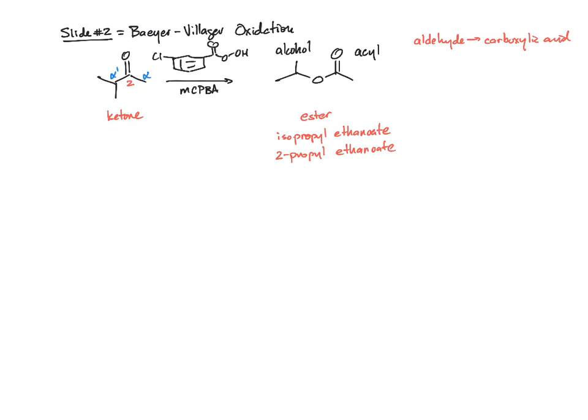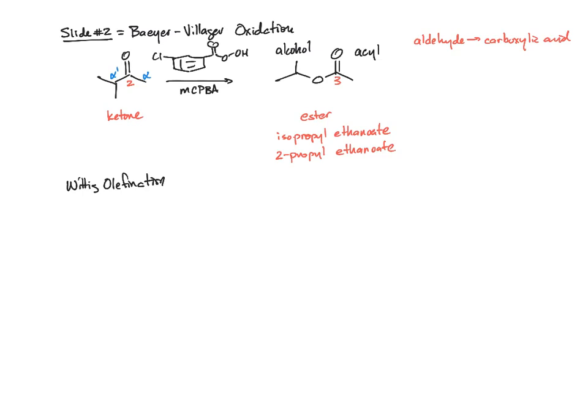Can we do the Wittig reaction? One more thing. Again, the reason the Baeyer-Villiger is an oxidation is because the carbon's going from 2 to 3 in the oxidation state.